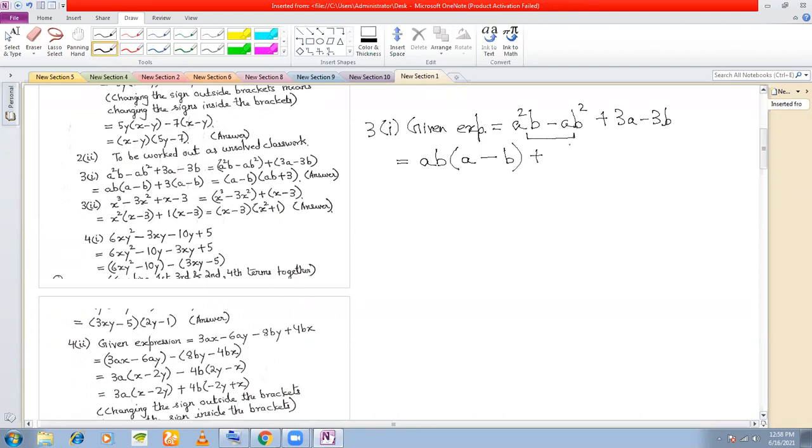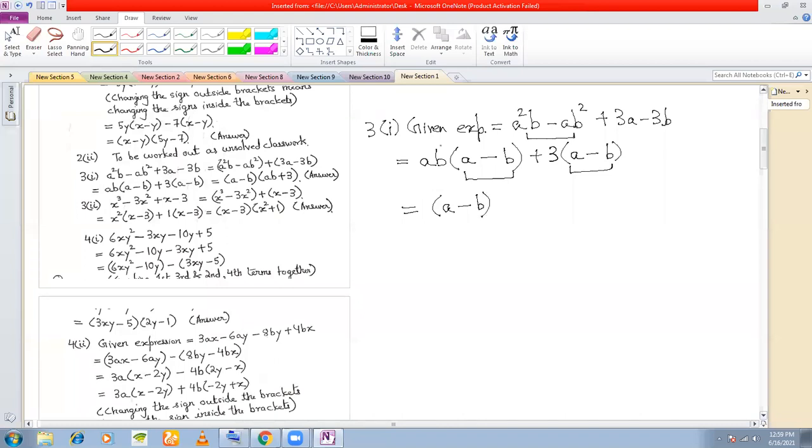Now from the third and the fourth, you see the 3 is the HCF. You can take out 3. 3a, if you divide by 3, you're going to get an a, minus. And from 3b, if you are dividing by 3, you only get a b. So now are we getting a minus b here? Yes, we are getting. So now we can take out a minus b from these two.